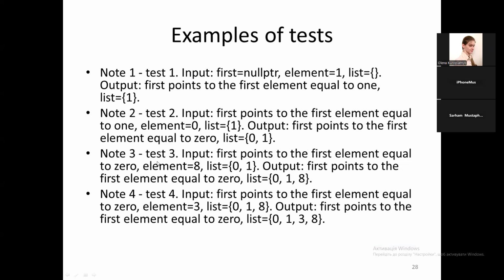Note 3 or case 3, when we have a list with 0 and 1 and the new element is greater than all elements. As a result, we have the list 0, 1, 8.